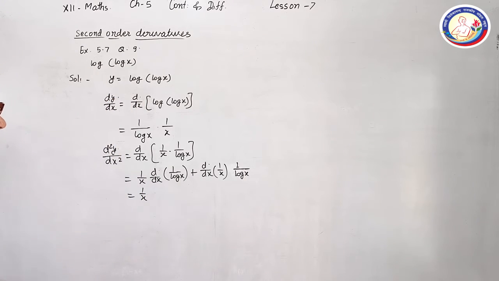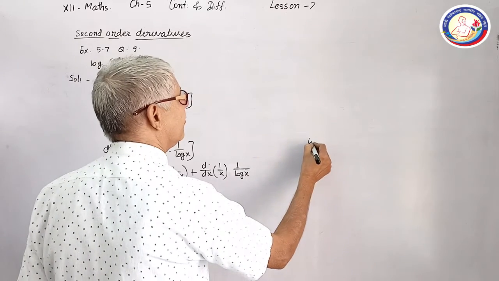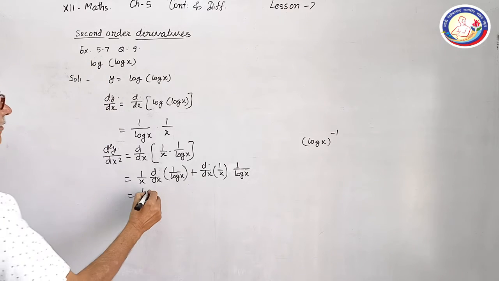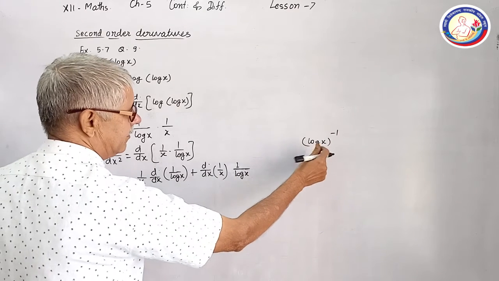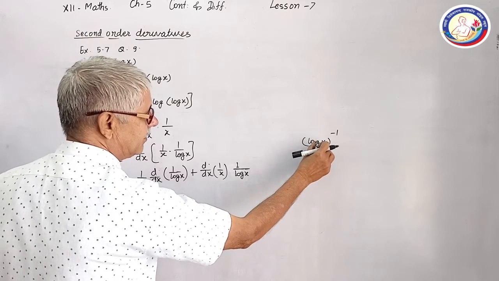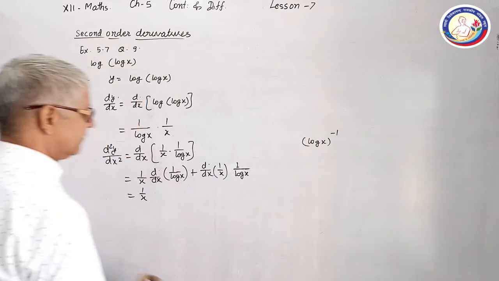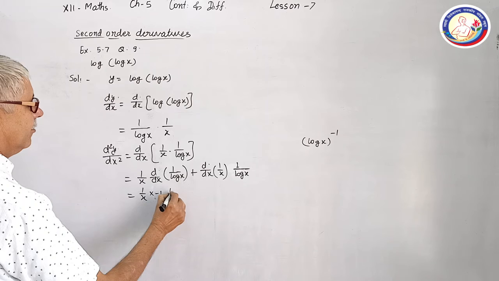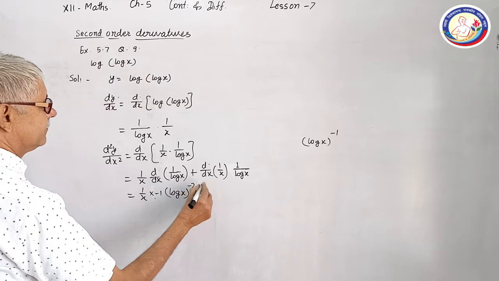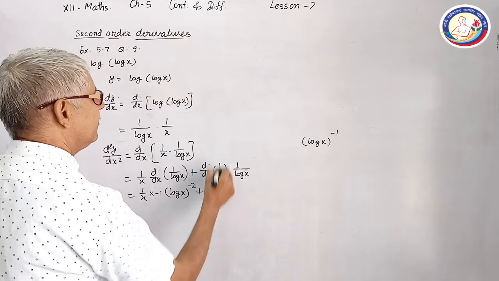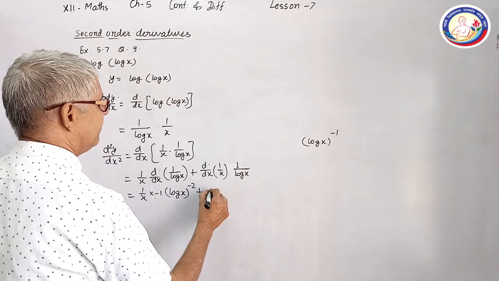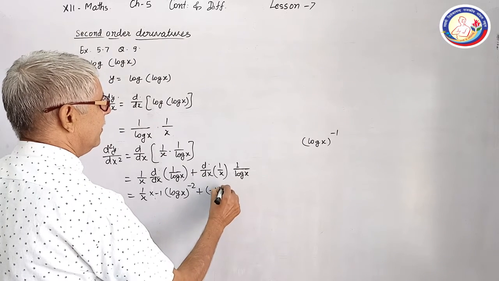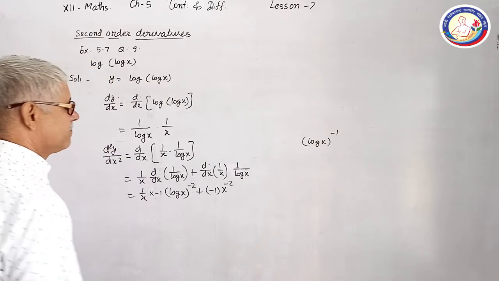Now find derivative of this. We can write it log x raised to power minus 1. Using function of function method, we can first of all find derivative of this function with respect to itself. It will be minus 1 into log x raised to power minus 2, plus derivative of 1 upon x, that will be minus 1 into x raised to power minus 2 by same rule.